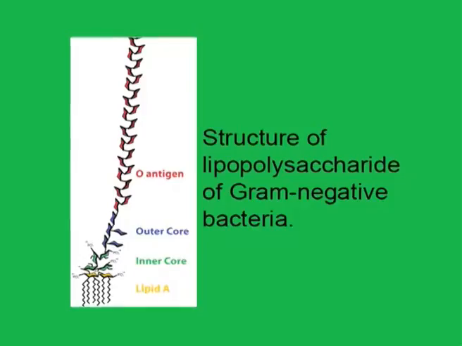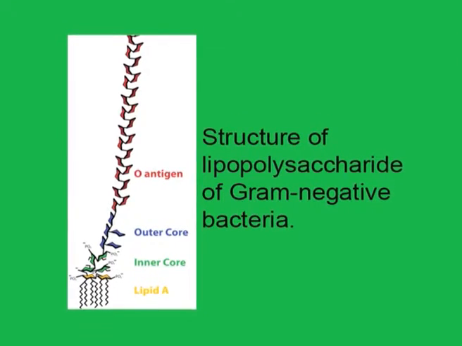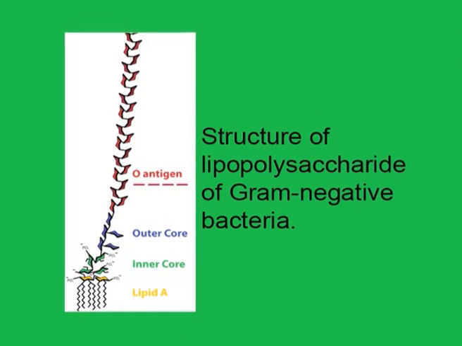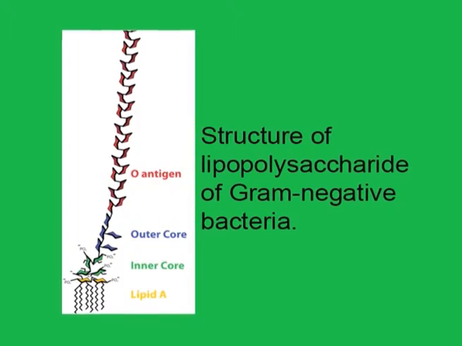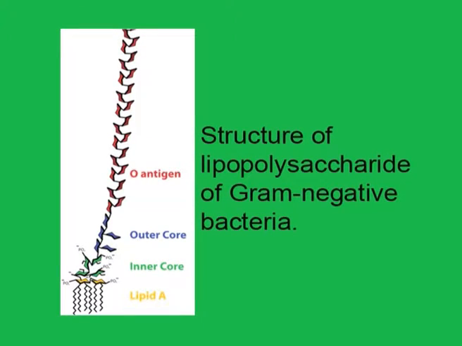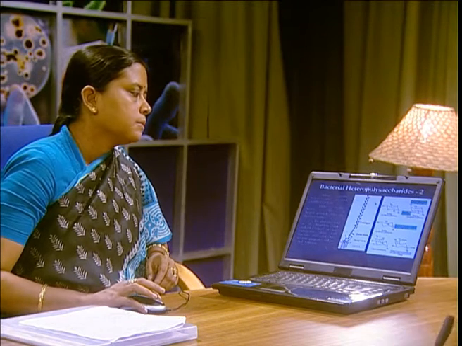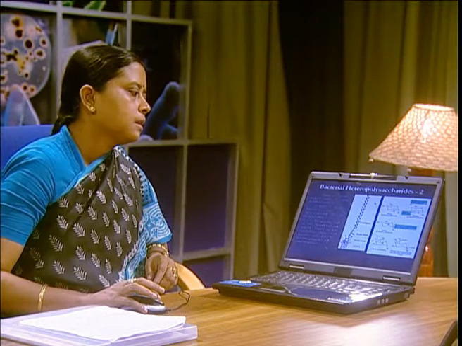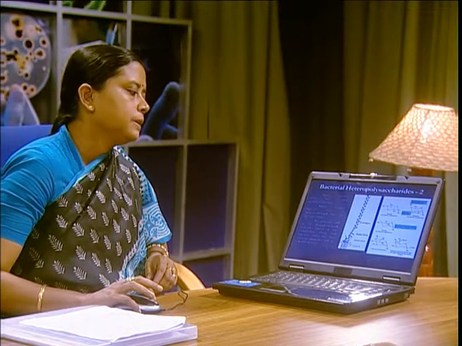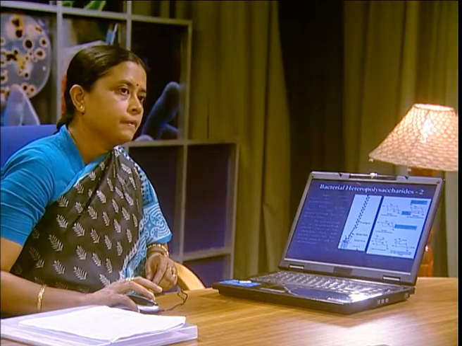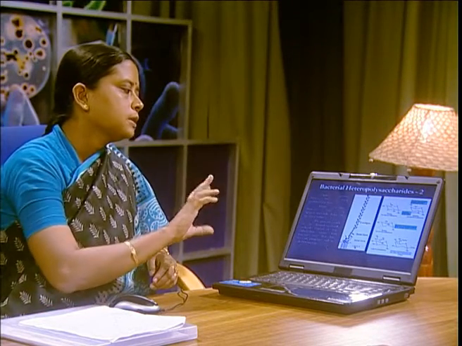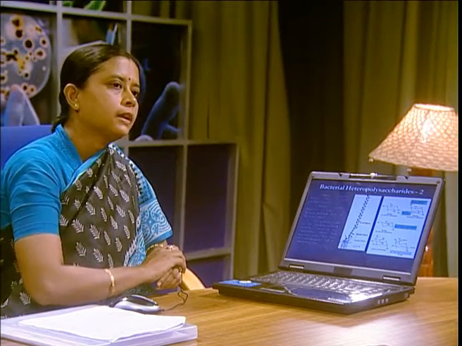The polysaccharide has 3 zones: inner core, outer core and the O antigen. These polysaccharides project outwards from the cell and are linked to the lipid, lipid A, and this entire structure forms the lipopolysaccharide layer.